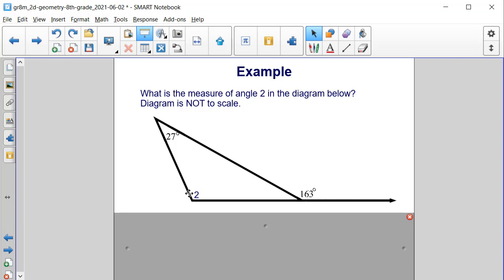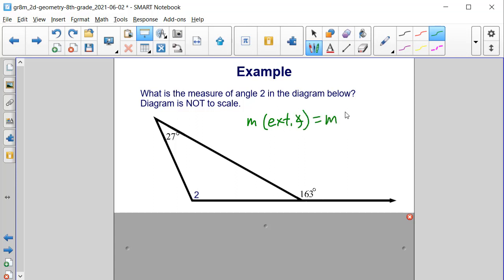What is the measure of angle 2 in the diagram below? The diagram is not necessarily drawn to scale. So let's start by writing down the exterior angle theorem, which says that the measure of the exterior angle is equal to the measure of the other two angles that are not adjacent to the exterior.